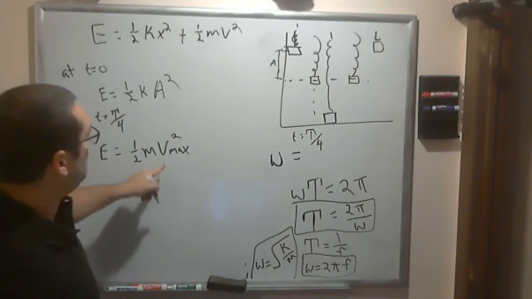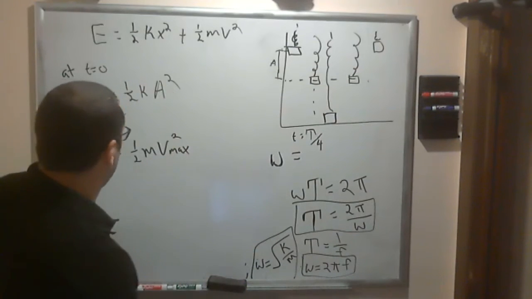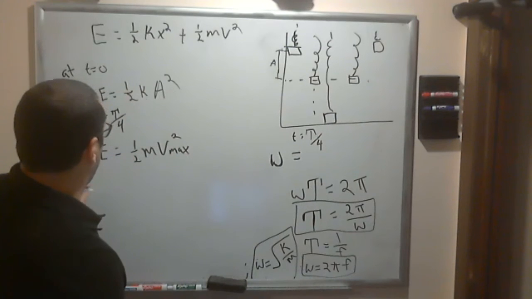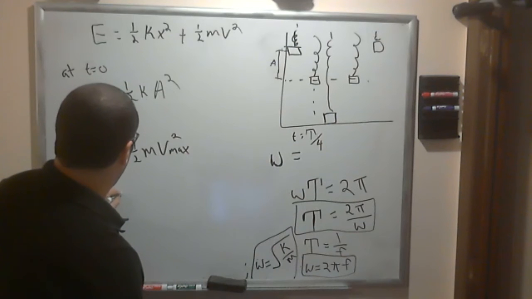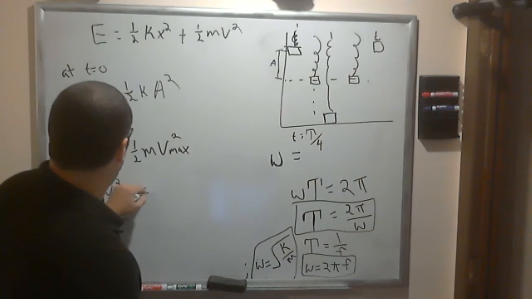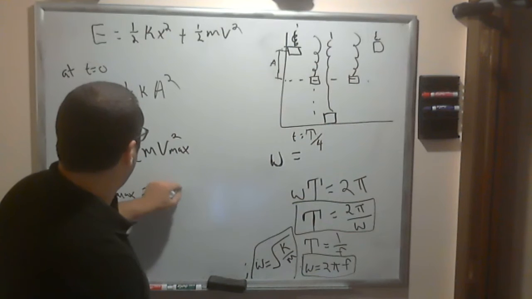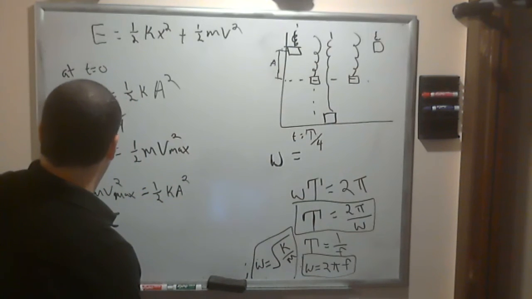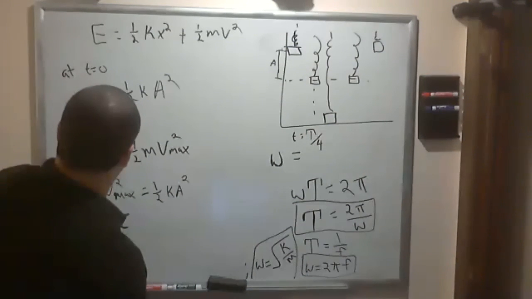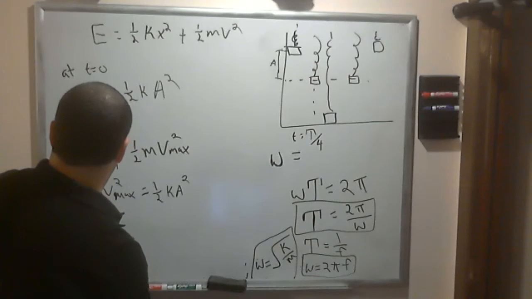So let's find out what V max is, the maximum speed. Well, we just have to set these two equal to each other. Right, we have E0 and E1/4.